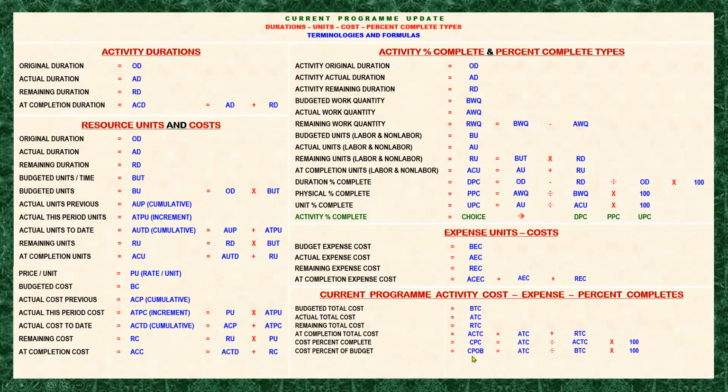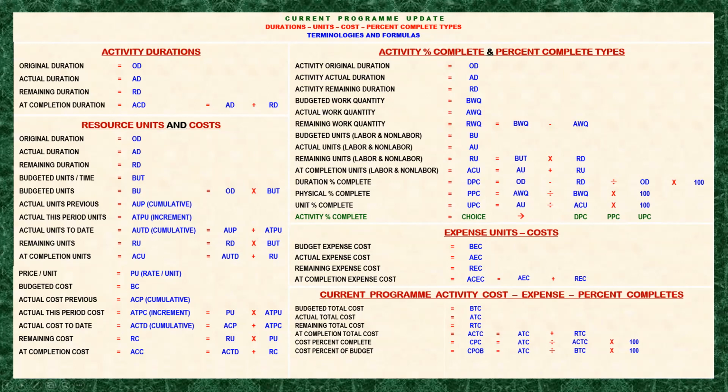So budgeted total cost is the original cost of the resource within the activity, while the at completion total cost is the cost of the resource within the activity that is progressing, reflecting the efficiency or performance of the resource within the activity.